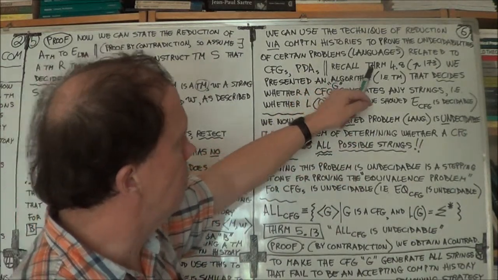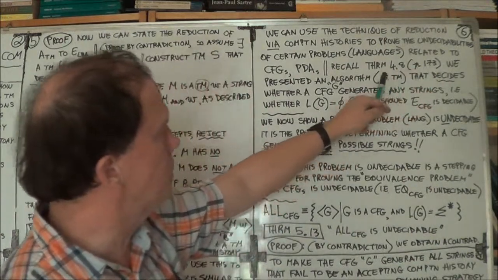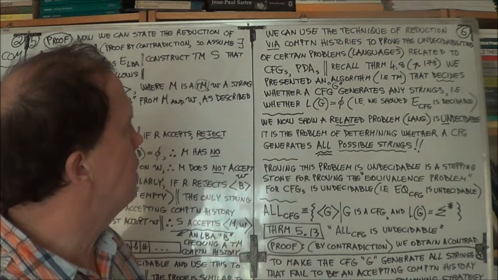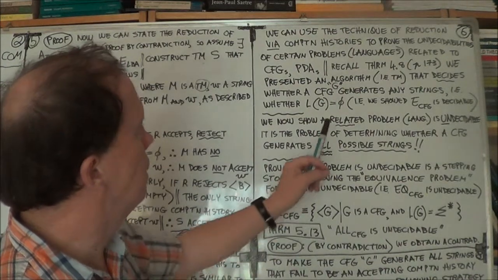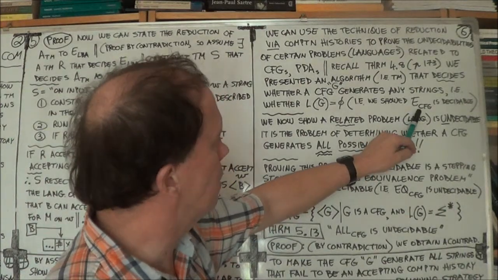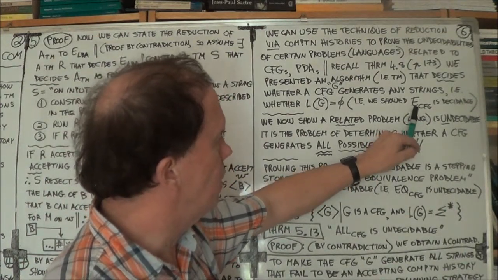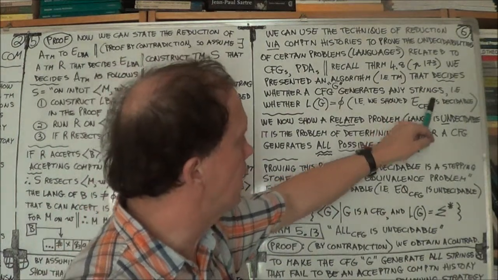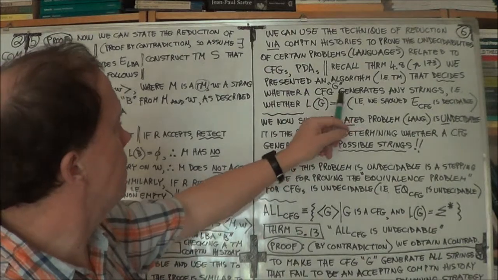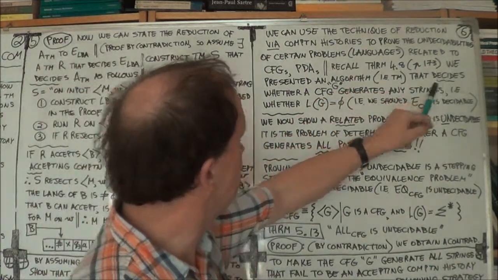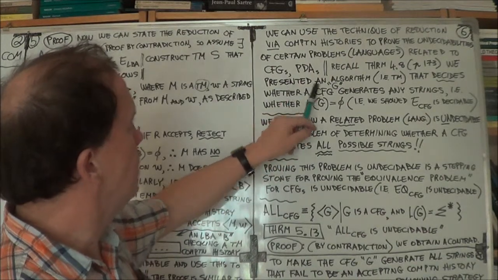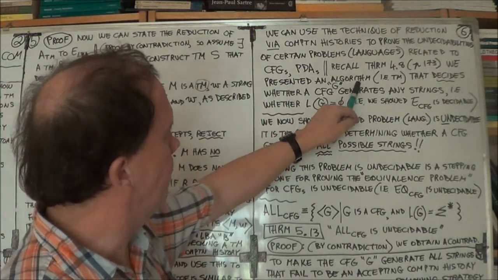Now, if you go back to page 173 of your text, have a look at theorem 4.8. We showed that E for empty, this particular language, is actually decidable. So it presented an algorithm.